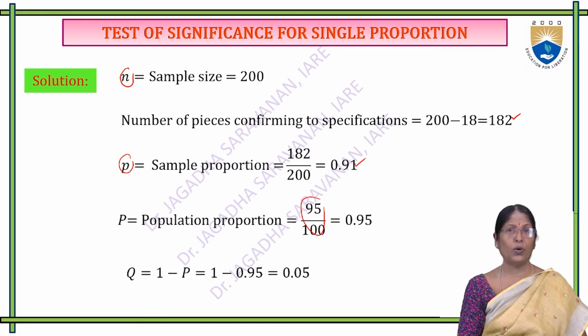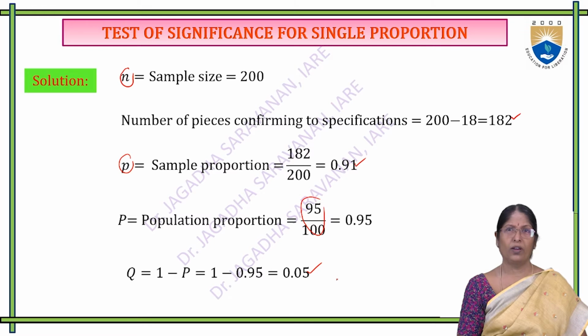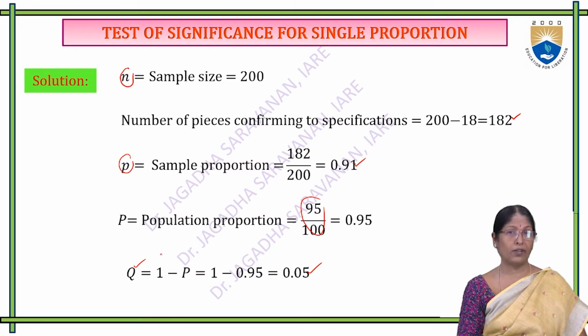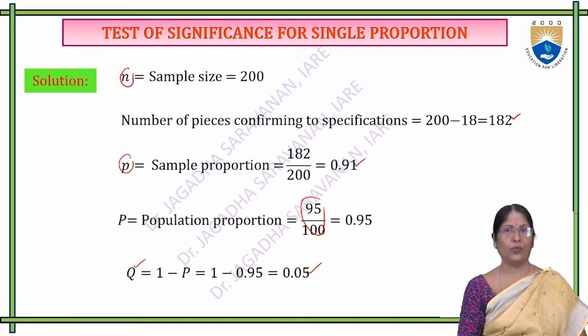Then capital Q is nothing but 1 minus capital P, so Q is 0.05. Why do we need to find Q? Because the test statistic has a term Q. So since Q appears in the test statistic formulation, to substitute in advance, we are finding the value of Q.